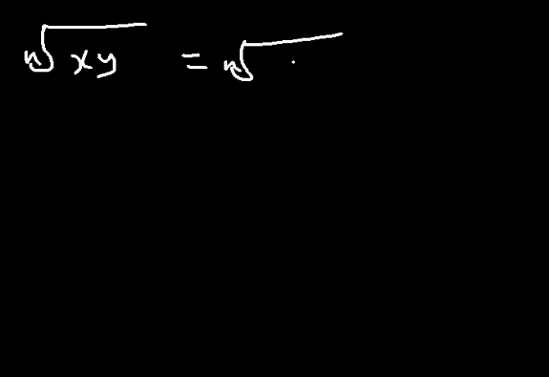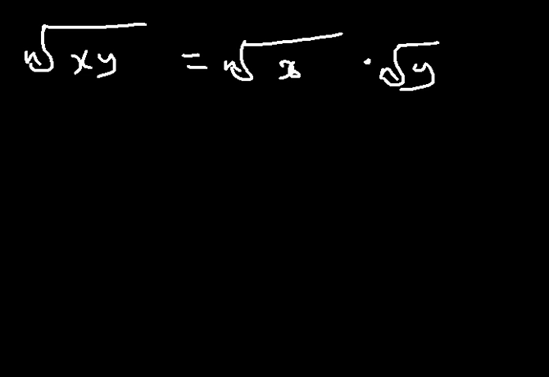And we also have another nth root property. If we have the nth root of x times y, since we have two variables or expressions multiplying inside the nth root, this is the same as the nth root of x times the nth root of y.